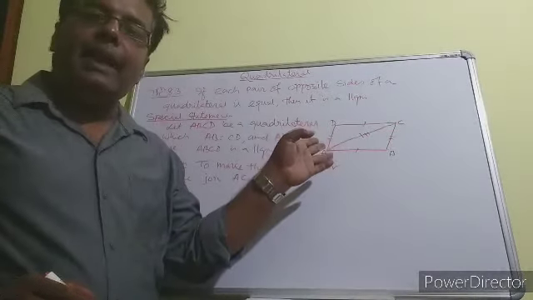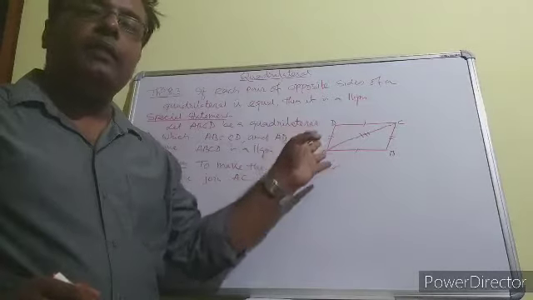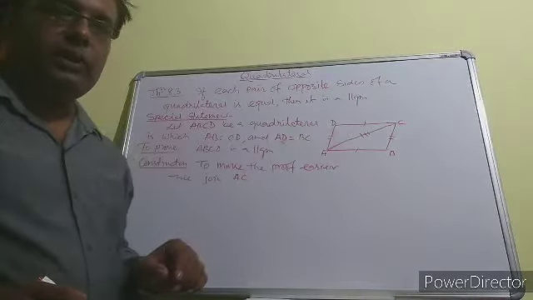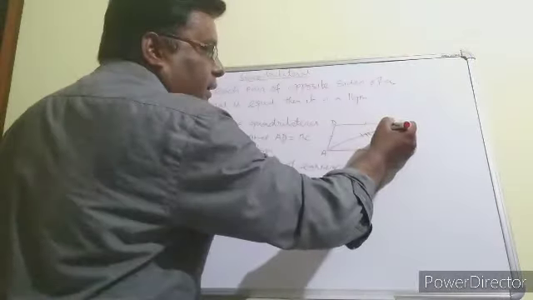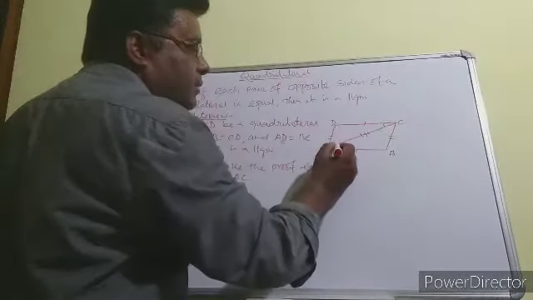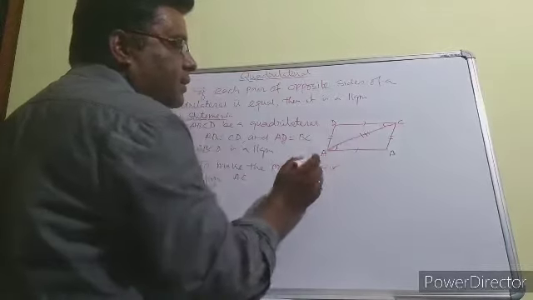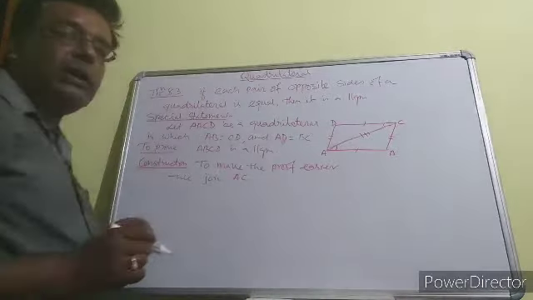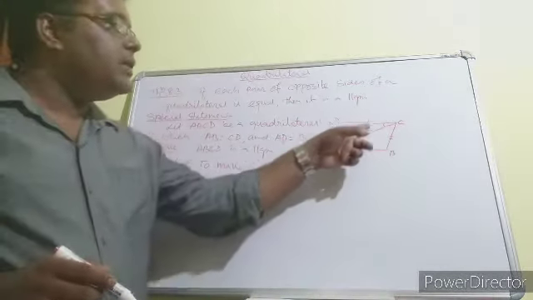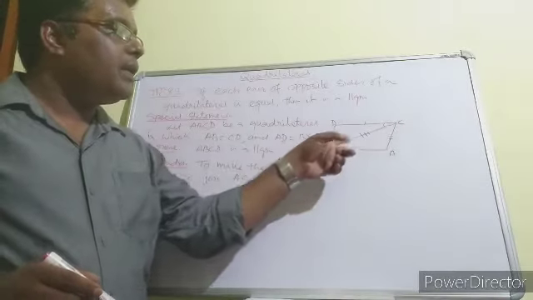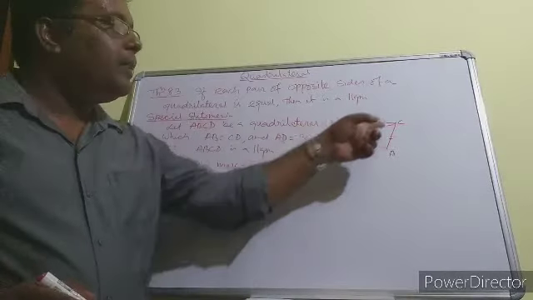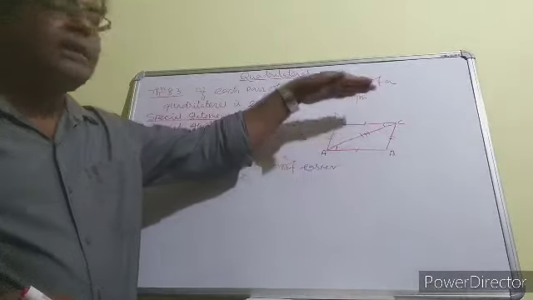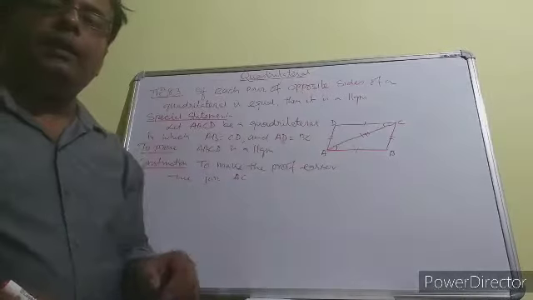That means by SSS, both the triangles are congruent, and then angle ACD is equal to angle BAC by CPCT. These are alternate interior angles made by the transversal AC with AB and CD, so AB and CD are parallel.